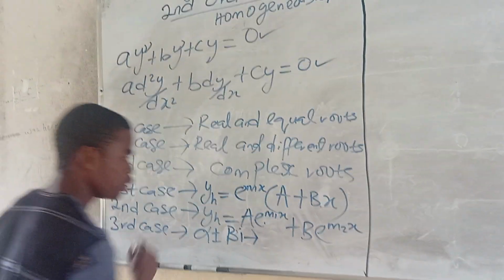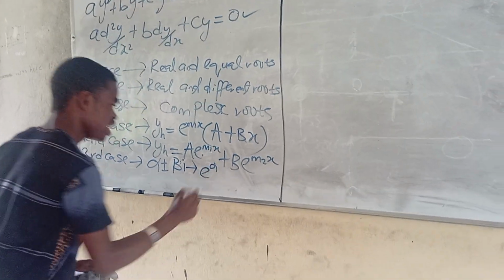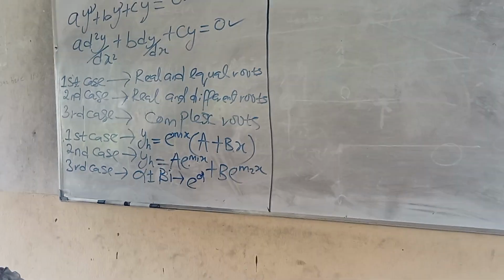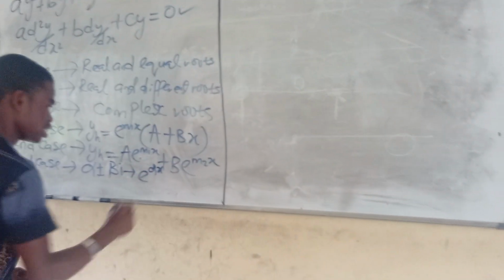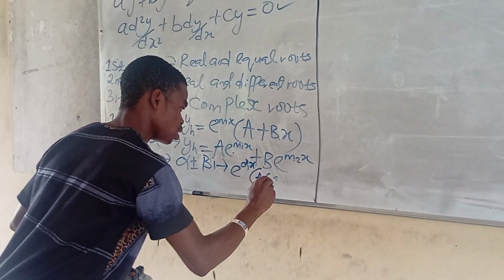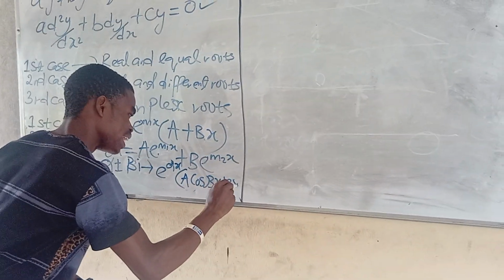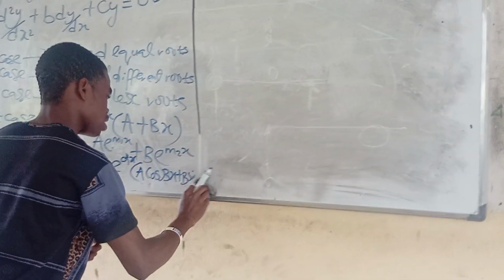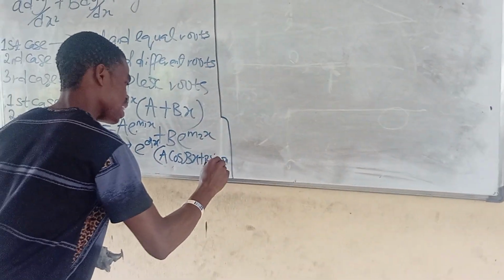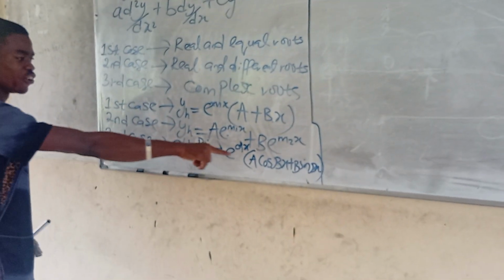So if we want to express this, we are going to have e^(alpha x) bracket open a cos beta x plus b sine beta x. So this is the form for expressing the third case.